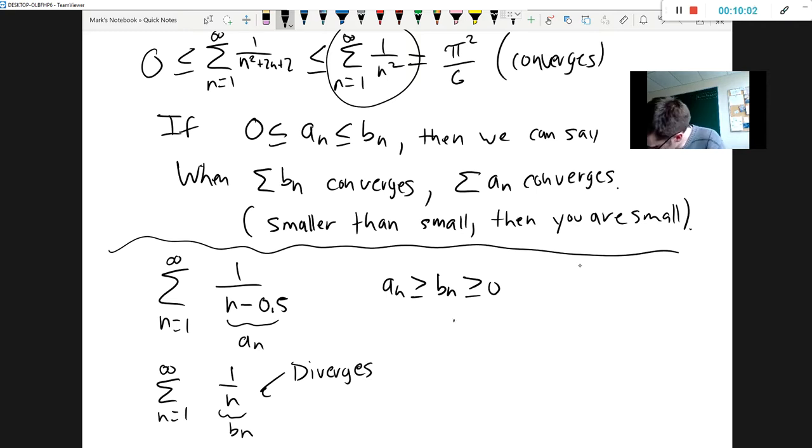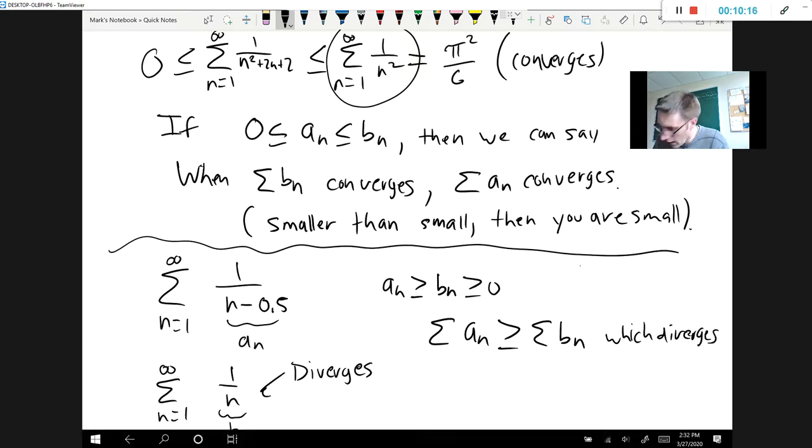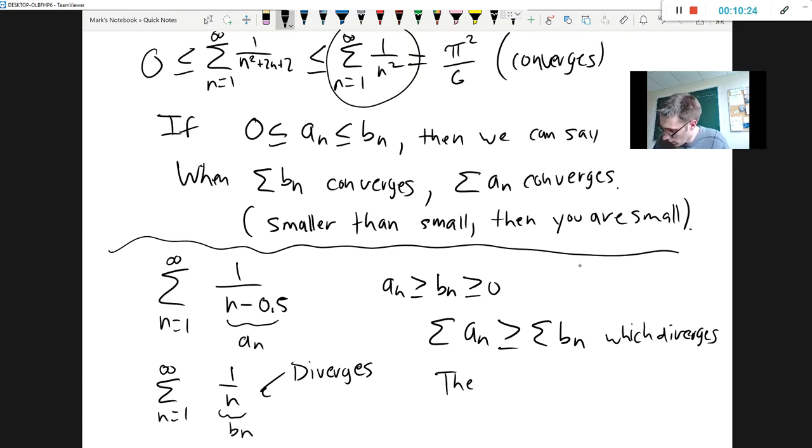And so what that tells us is that the sum of AN must be bigger than the sum of BN, which in turn diverges. And if that's the case, if you're bigger than something that's already going off to infinity, well, there's really no choice. We can conclude the sum of AN must also diverge.